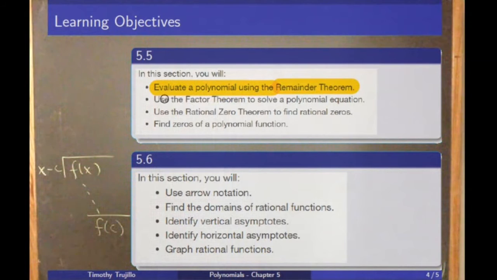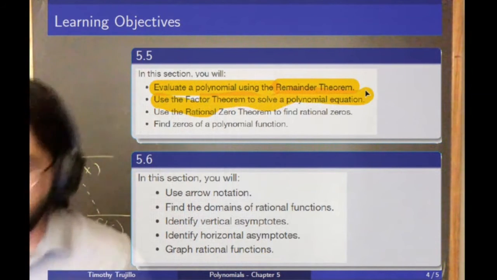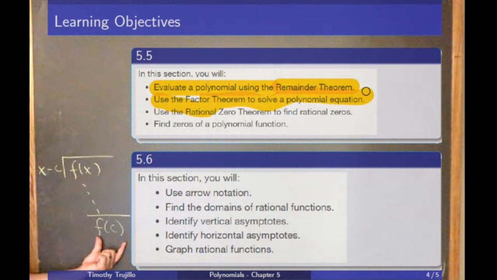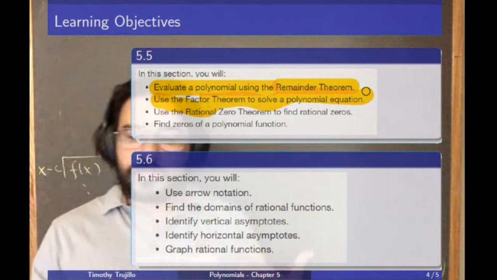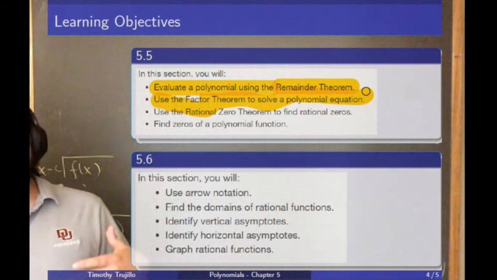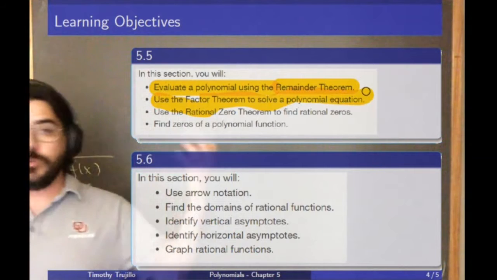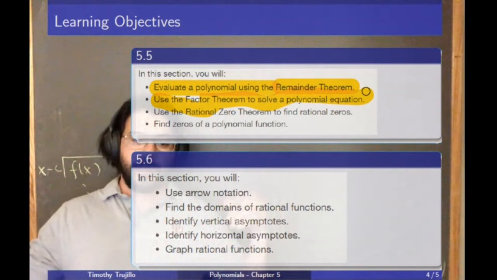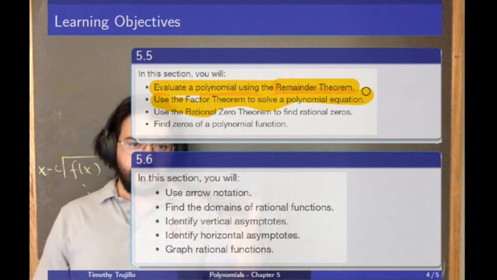And then we saw the factor theorem. The factor theorem just said, okay, if you have a 0, if f of c is equal to 0, the remainder is 0, and then x minus c is a factor. And we used this information when we could guess a 0. If we had some really big polynomial, we could figure out maybe 1 was a 0 or 2 was a 0.